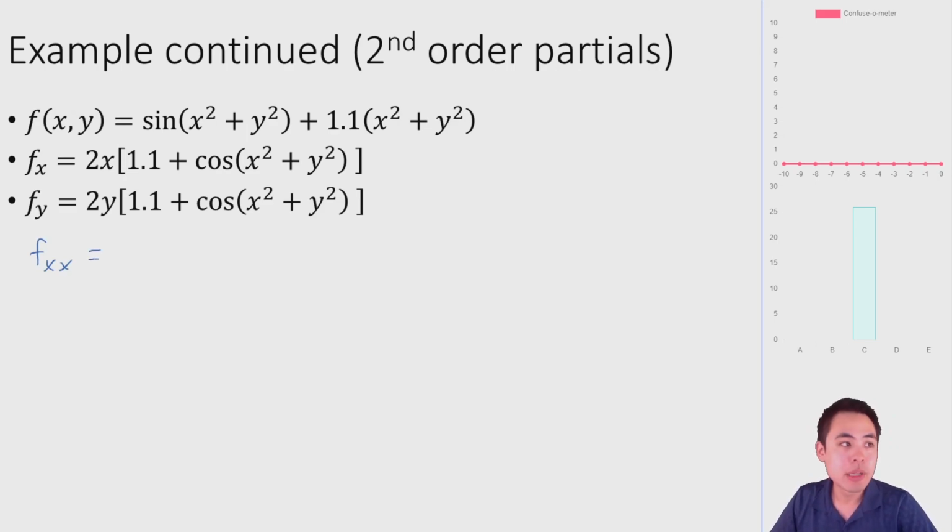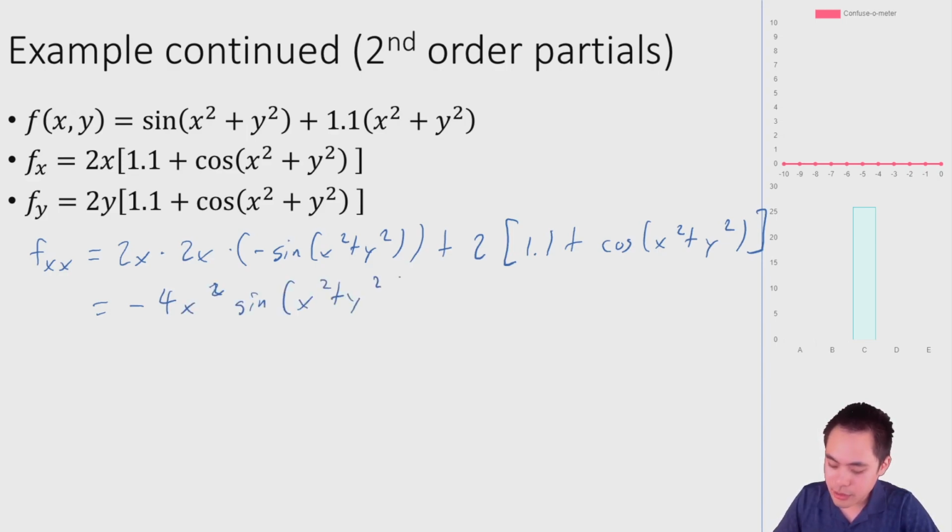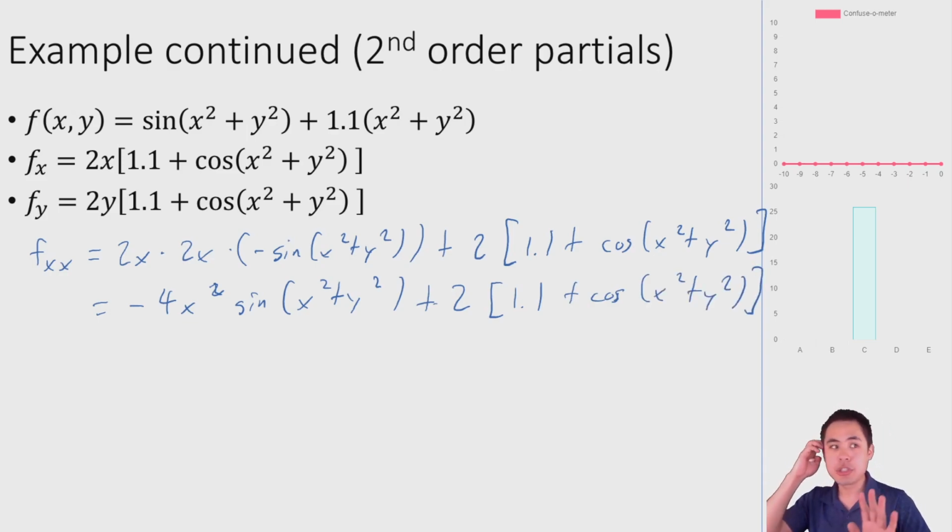You take the derivative with respect to x again, and you end up getting 2x times the derivative of that entire thing, so that ends up being another 2x times minus sine of x squared plus y squared, plus 2 times 1.1 plus cosine of x squared plus y squared, which is equal to minus 4x squared sine of x squared plus y squared plus 2 times 1.1 plus cosine of x squared plus y squared. That's just using the chain rule, so you need to be very comfortable taking partial derivatives.